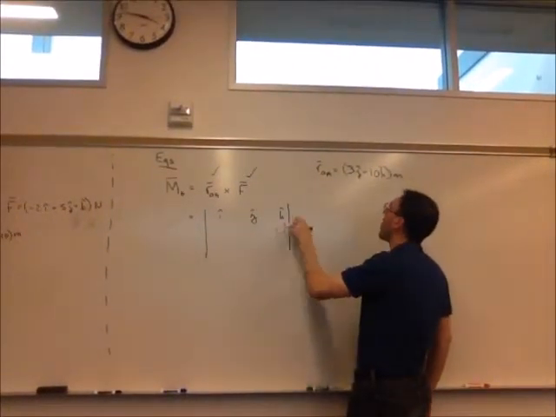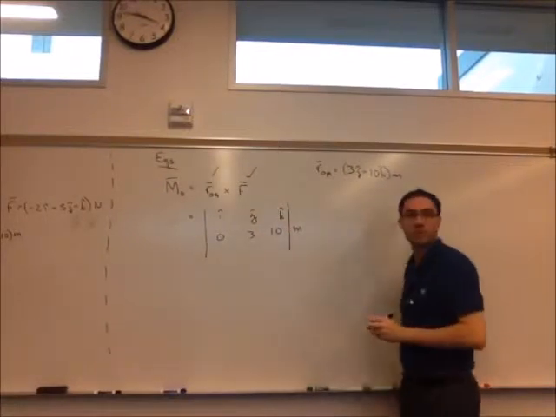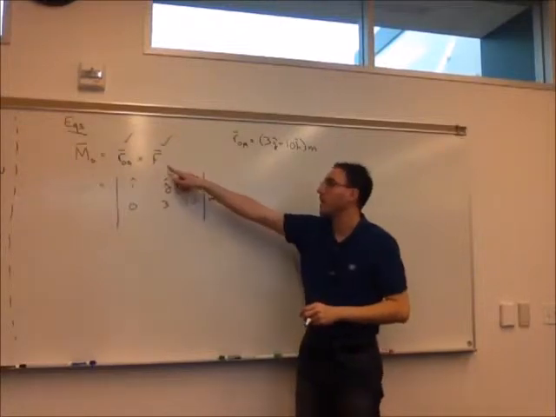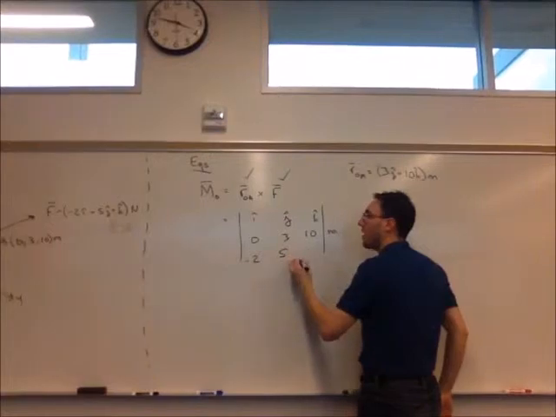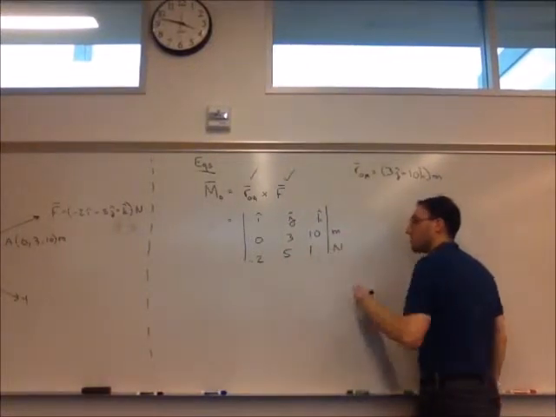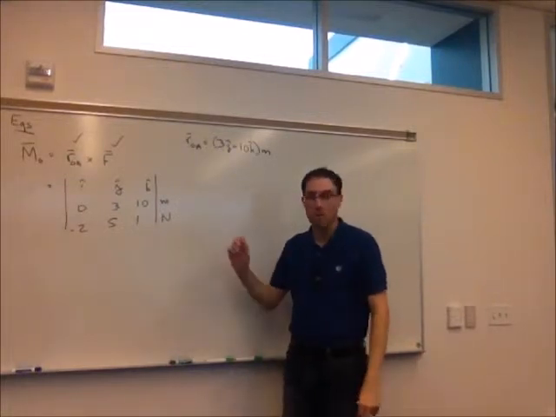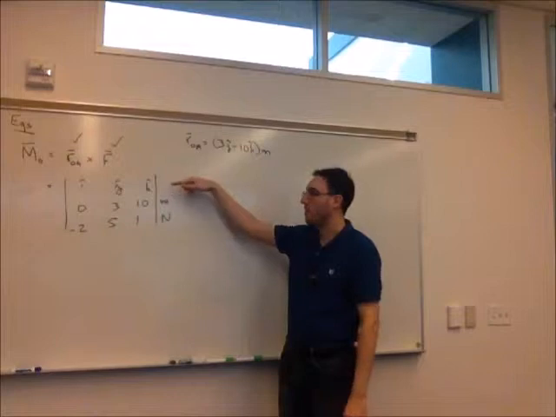So the components of R will be 0, 3, 10 meters. And then the last row, I just put in the components of F. So I was given that, so negative 2, positive 5, 1 newtons. Again, the order matters. R is the second row, F is my third row. My first row is the IJK.